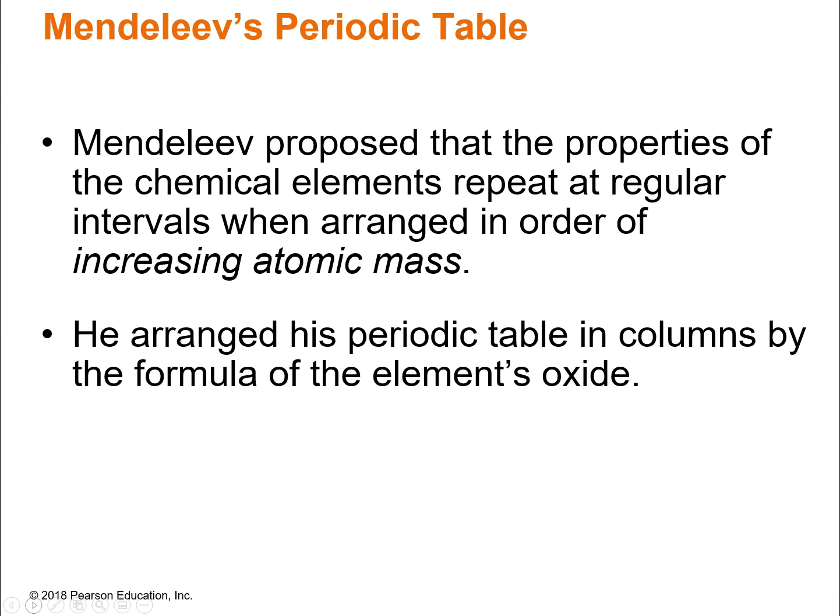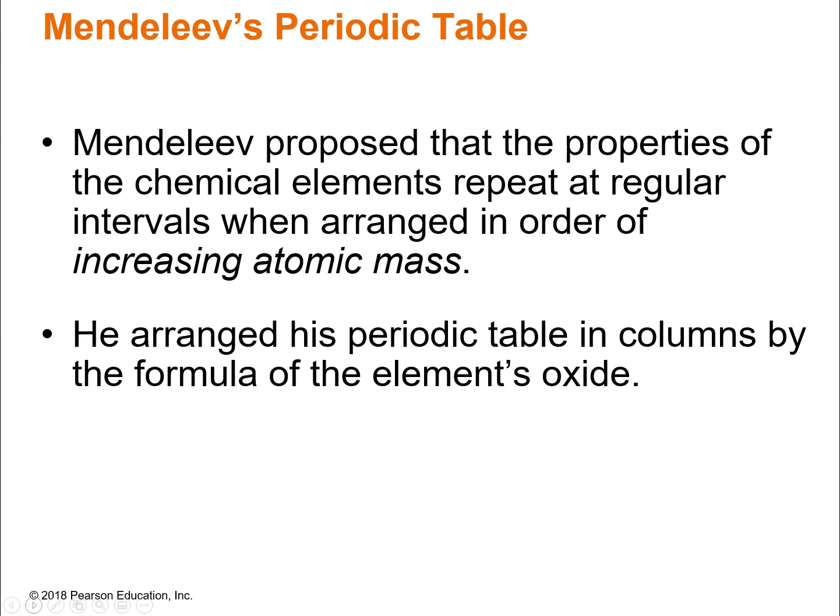We're starting with the history of how the periodic table came to be organized the way that it is today. I'm starting with Mendeleev, who is known as the father of the modern periodic table. There are a couple of other ways that the periodic table was organized prior to Mendeleev. And all of this was happening at the same time that the structure of the atom was being explored.